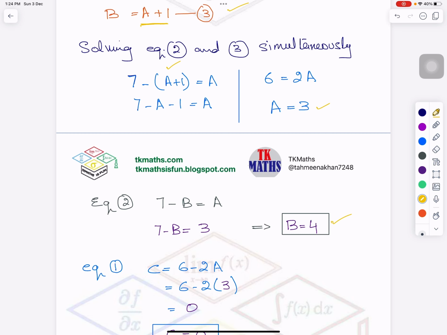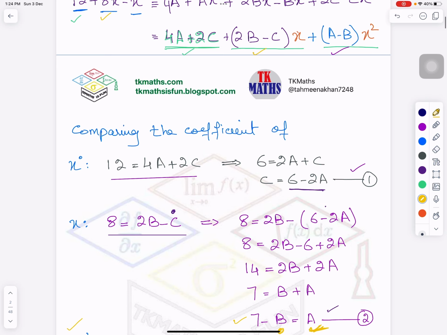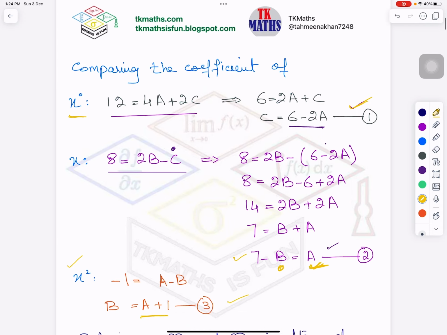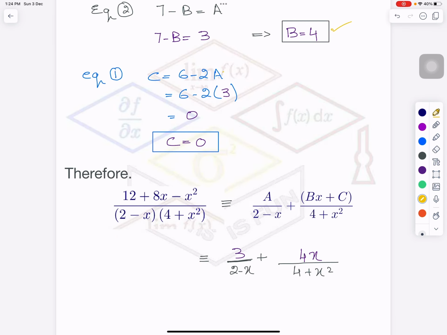And then I'm using equation 1 again, which I got in the first case when I compared the coefficient of the constant. So I'm substituting the value of a here and got c equals 0. So I found the values of A, B and C, which I plugged in here. So I got my partial fraction.